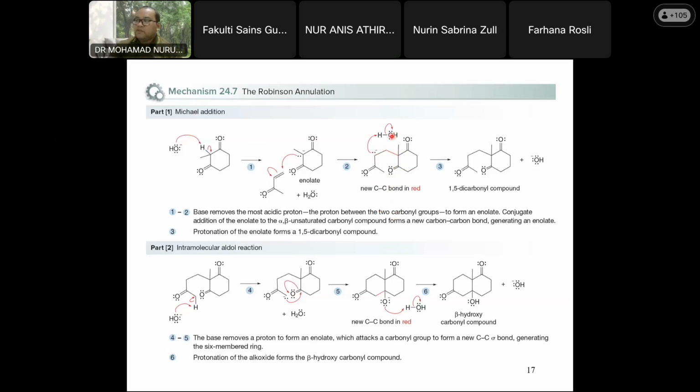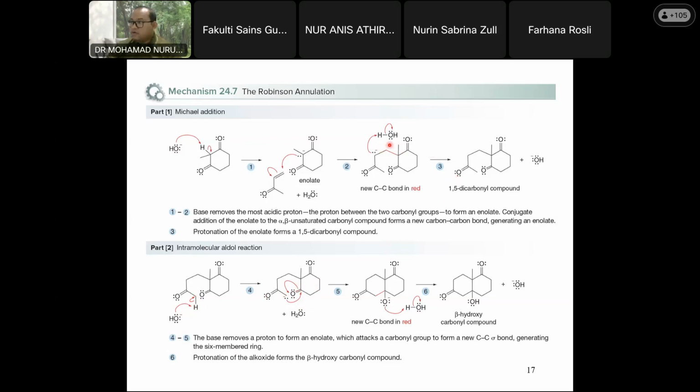And next, the reaction does not stop there. It moves to the second mechanism, which is the intramolecular aldol reaction. In this case, the similar base that we used removes the proton in these positions and forms another enolate, which will attack the carbonyl group to form the second sigma bond. This one is the first one formed, and this one is the second sigma bond.